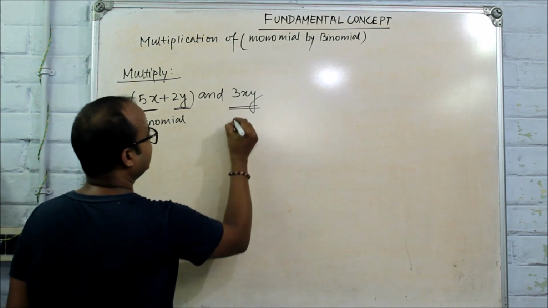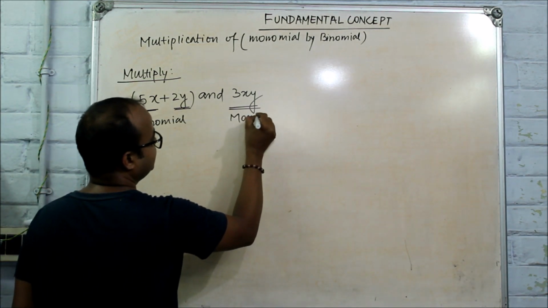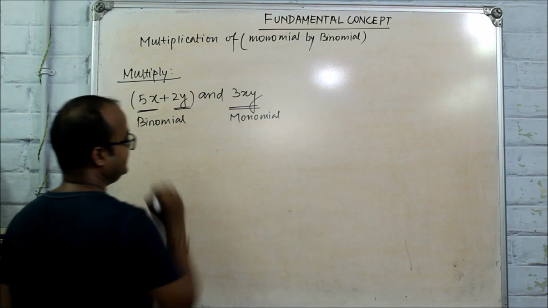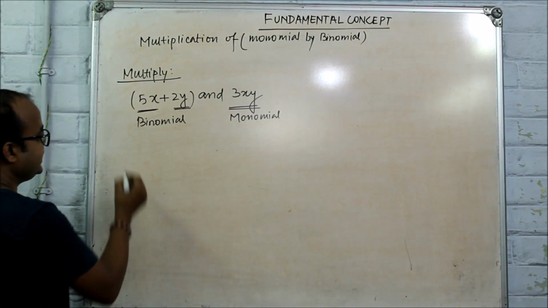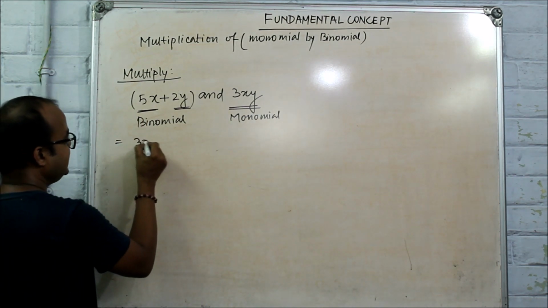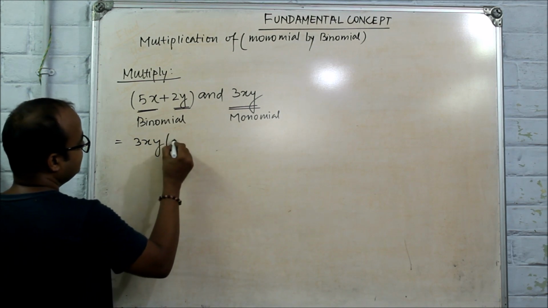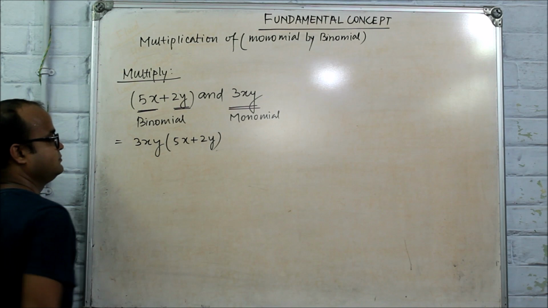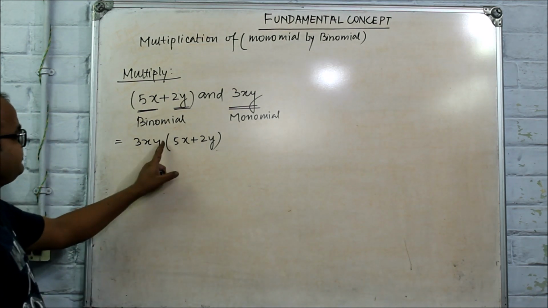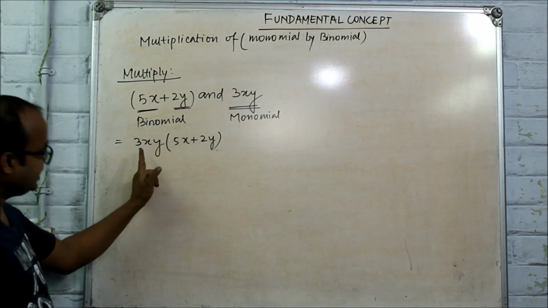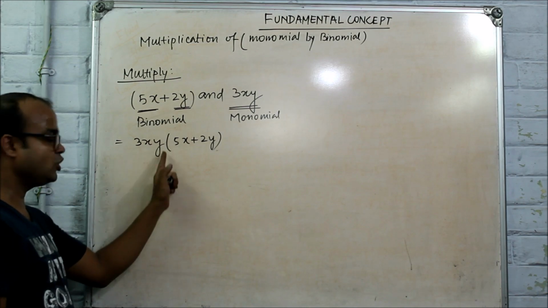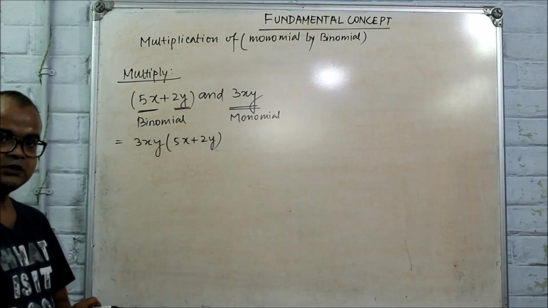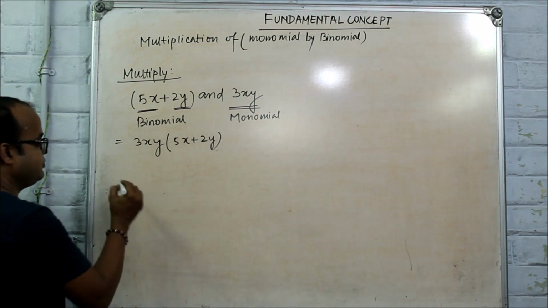And 3xy is a monomial. So first way, you can write this as 3xy into 5x plus 2y. Either you can give a dot here or a cross. I am putting neither dot nor cross, so it also represents multiplication in algebra.